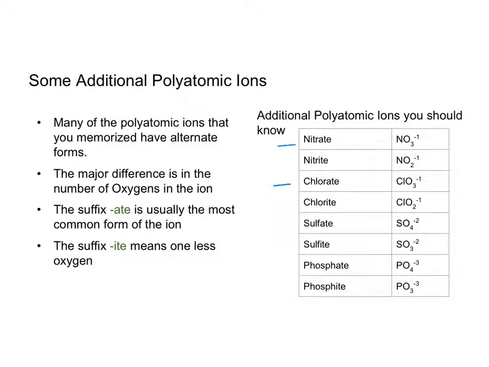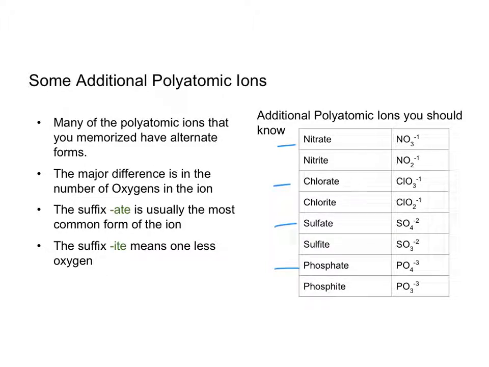The only difference is one less oxygen. Sulfate, something you had to memorize, is SO4 minus 2. Sulfite is one oxygen less, so it's SO3 minus 2. Phosphate is PO4 minus 3, something you had to memorize. Phosphite is PO3 minus 3, something you did not have to memorize. But now that you see ite versus ate, you should be able to correctly come up with the appropriate polyatomic ion.